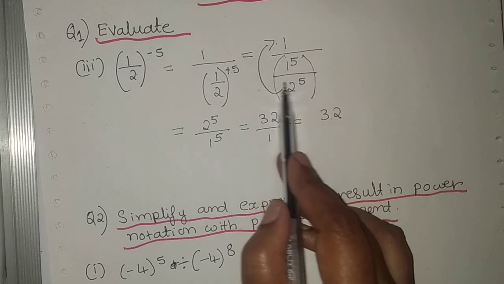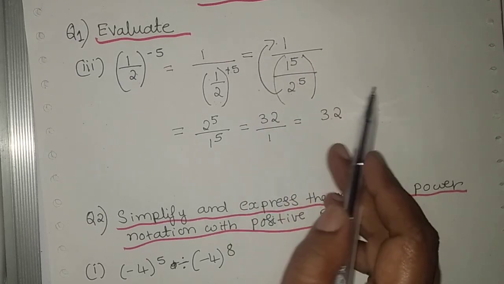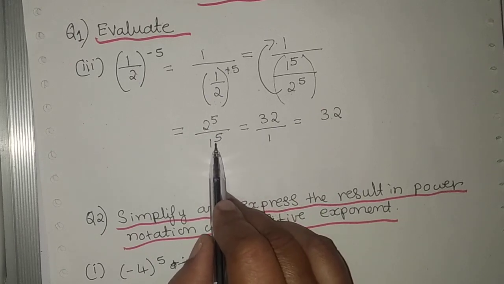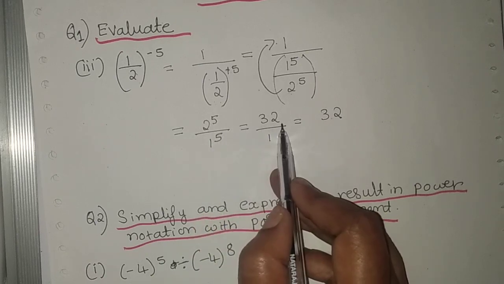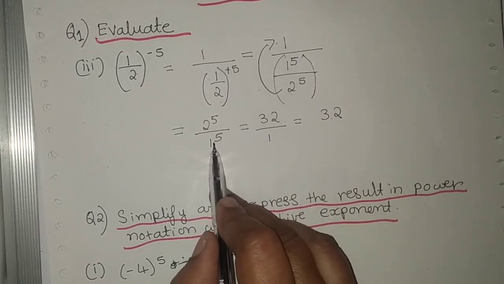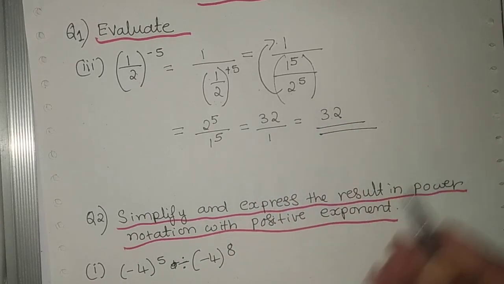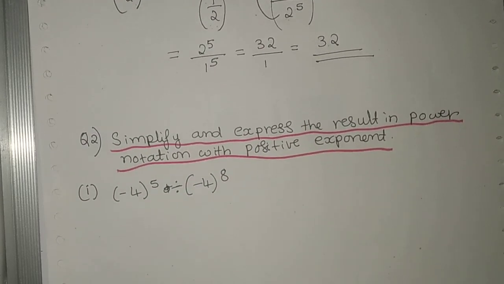Now, since this denominator is a fraction, this 2 goes to the numerator. So 2 to the power of 5 goes to the numerator, divided by 1 to the power of 5. 2 to the power of 5 is 32, 1 to the power of 5 is 1. So the answer is 32. This completes the first question.